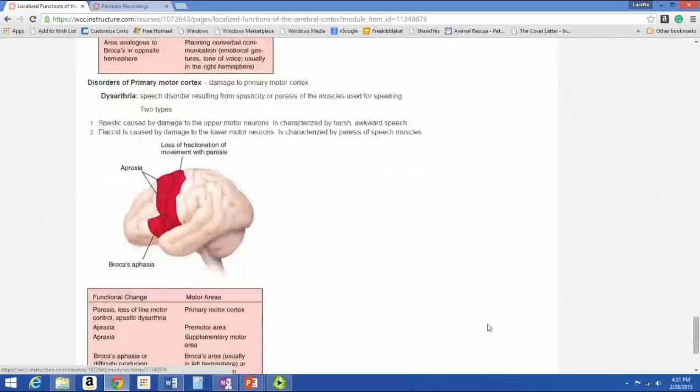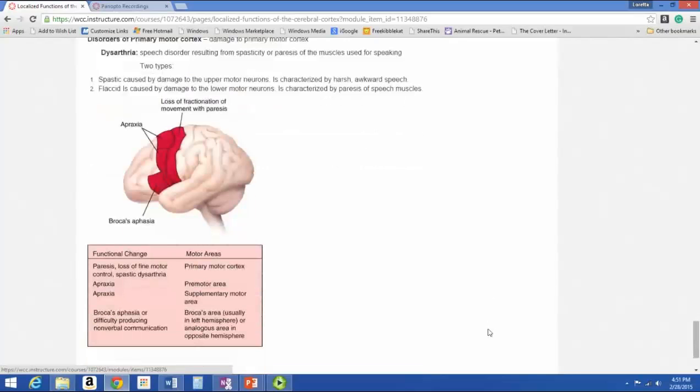So when you have damage to the primary motor cortex, you get that either flaccid or spastic dysarthria. Damage to the premotor area and/or the supplementary motor area, you get apraxia, and that's trouble. You have all the tools, but you can't pull together the task.